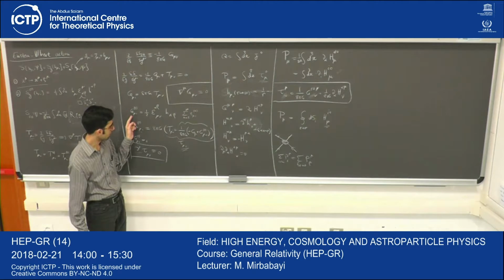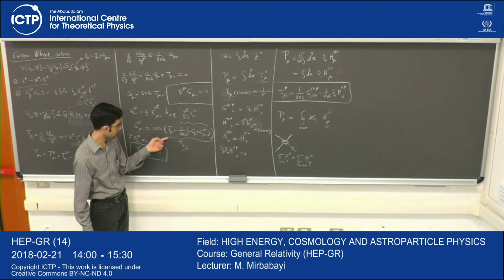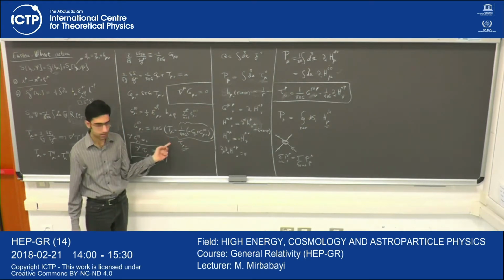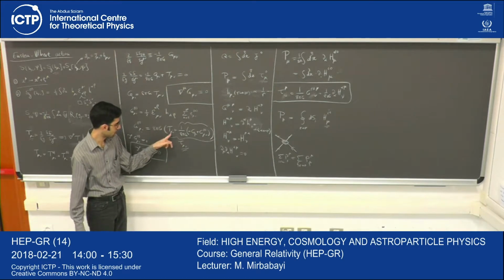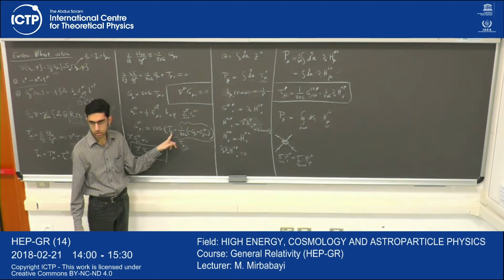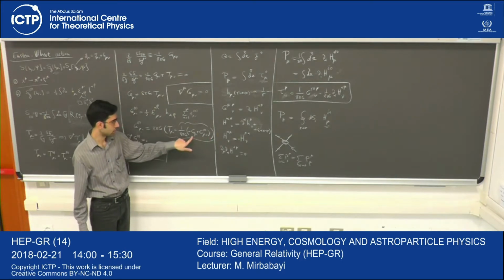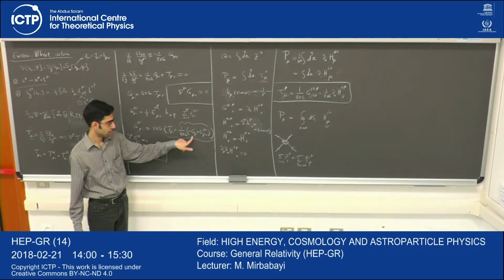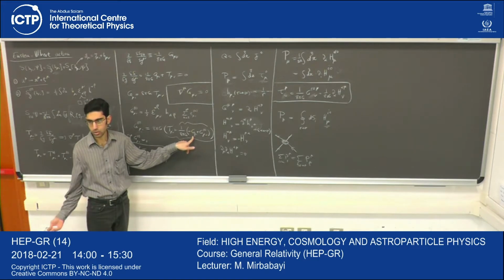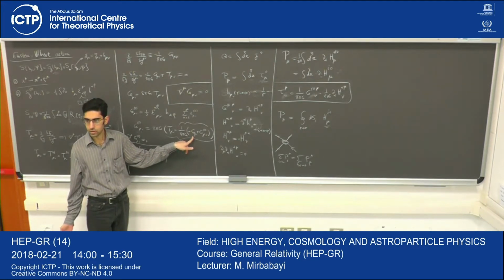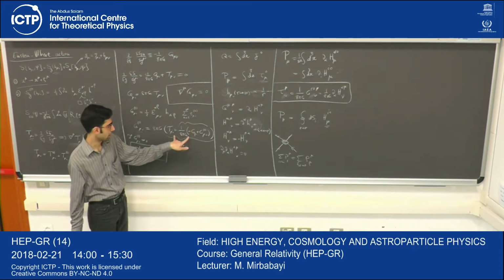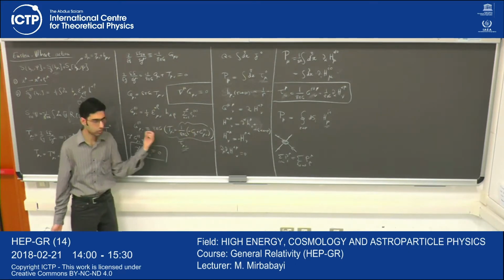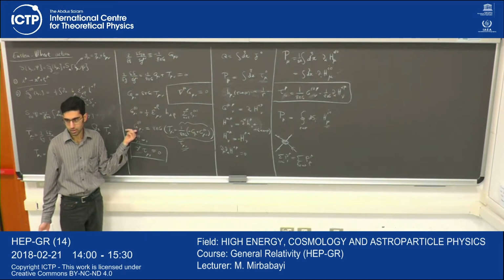But this is not T mu nu. I don't understand what you are asking. This T mu nu has terms which correspond to the matter fields, and then this object which is quadratic and higher order in gravitational waves. Now I can relate the sum of these two to this object using the equations of motion.